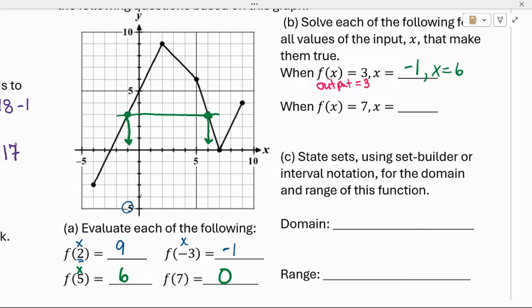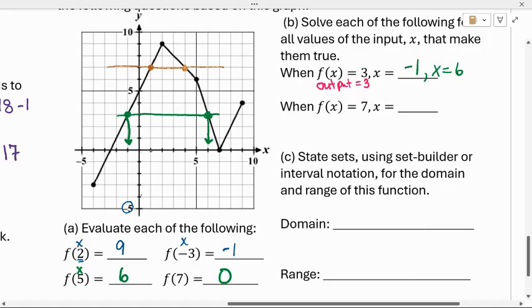What about when my output equals 7? So I'm looking for anything that touches this line. So what about when my output is 7? What are my inputs? What x values did I use to get an output of 7?